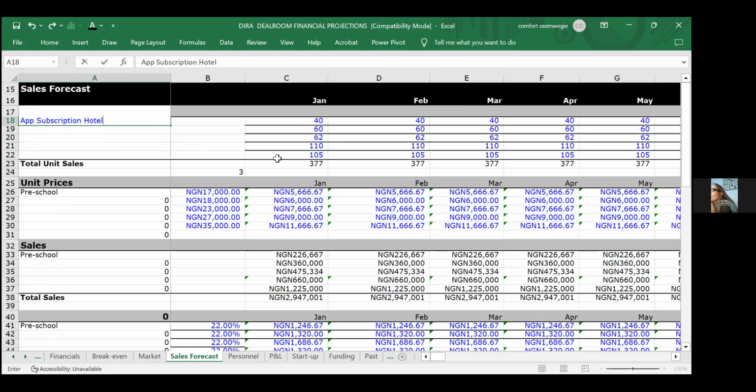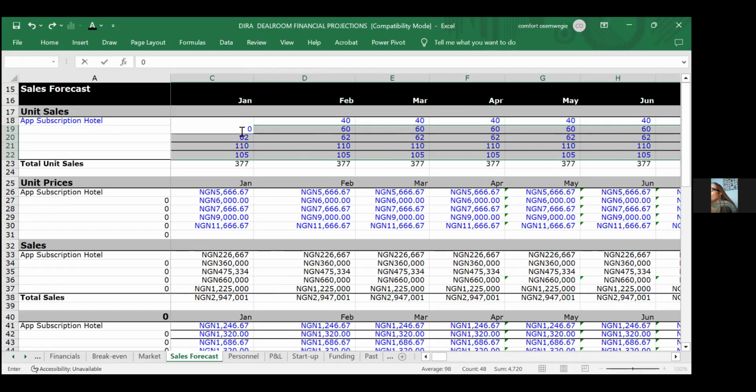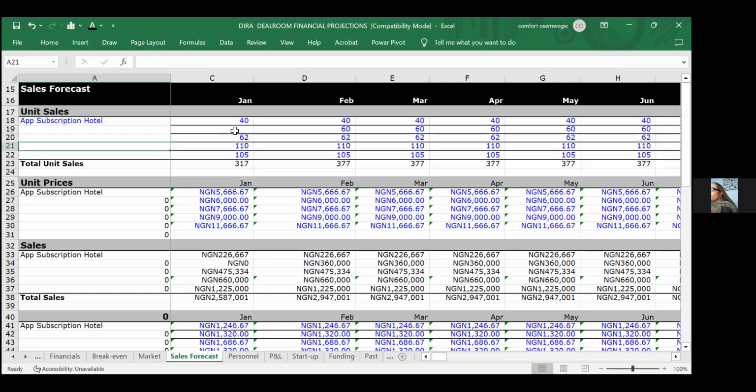Right? Then all this has to go. That's where the error is coming from. 0. Okay, that's okay. 0, 0 down.